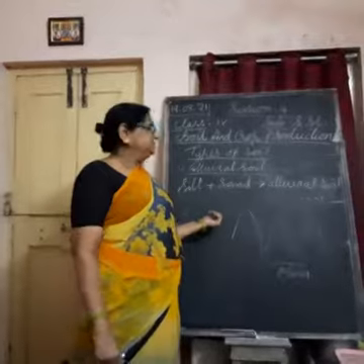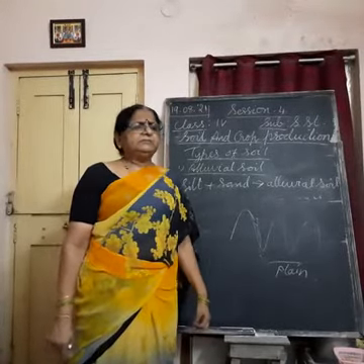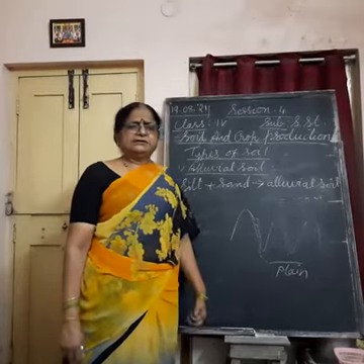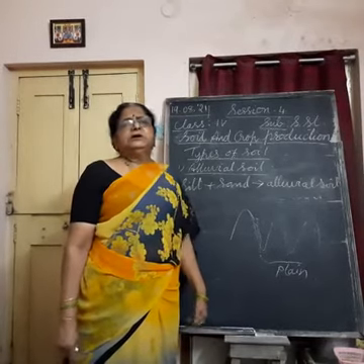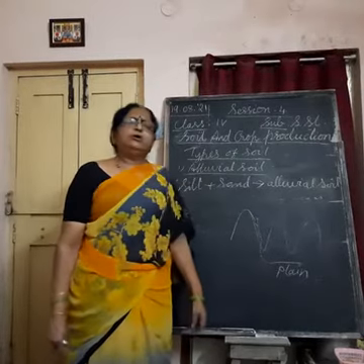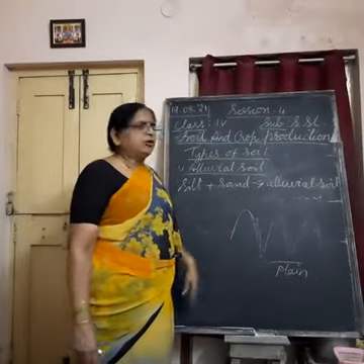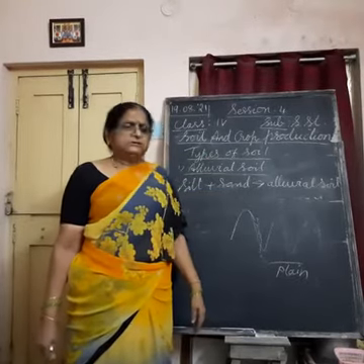And this soil is very fertile. Very fertile means very good. It has all nutritive values required for the growth of plants. So, almost all types of crops are grown in this soil.